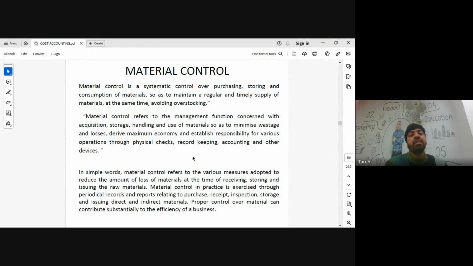It's called material control. Many authors have also defined material control, as described on the screen.